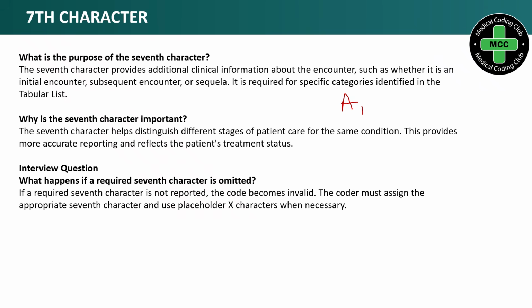Okay, and also you can see what happens if a required 7th character is omitted. If the required 7th character is not reported, the code becomes invalid. So if you send a 6-character code for your injury without the encounter information, then this code will become incomplete or invalid on the claim.